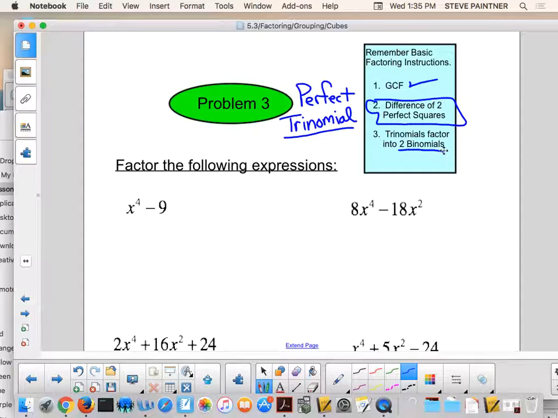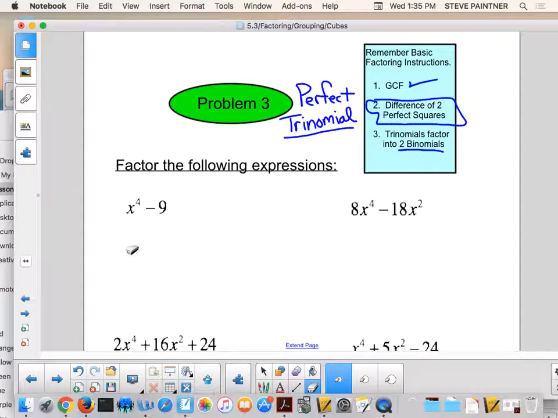Now, so what's the big difference today? Right here. You no longer are getting quadratic expressions. You're getting what? Quartic expressions. So now you have to take quartic expressions and factor them, and they get a little longer. Okay, no big deal, but they get a little longer. Okay? All right, so we're going to get going.